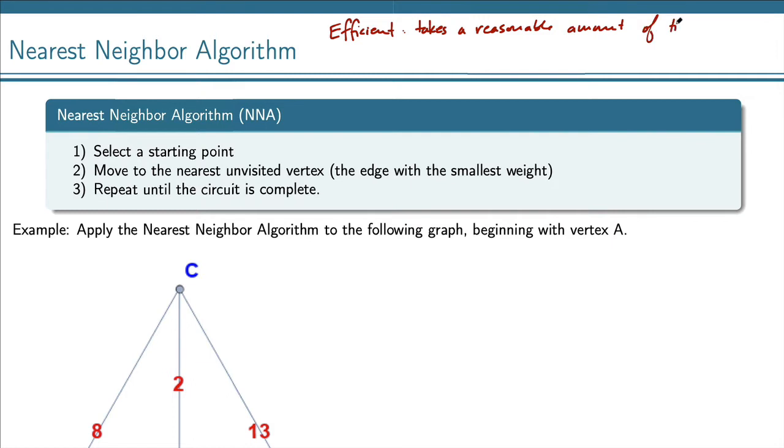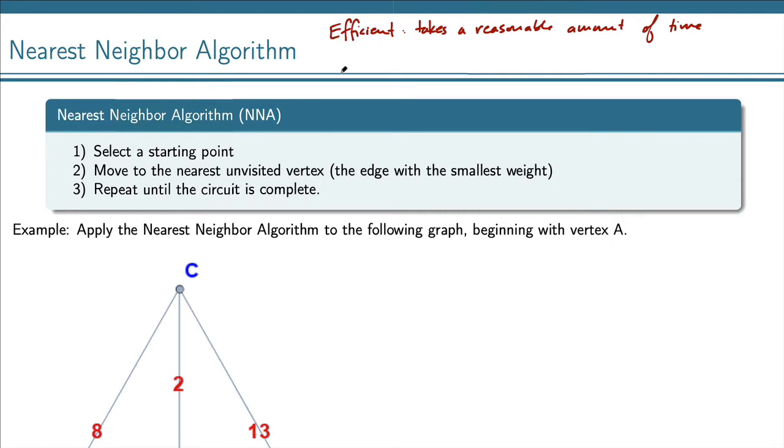Some algorithms, though they are great at getting the perfect solution, actually take too long. And we mean too long even for computers to do. So what we're doing is looking for algorithms that we'd be able to put into a computer to have the computer run. But we don't want the computer to crash because it takes too much computing power. So an efficient algorithm is one that actually works pretty well.